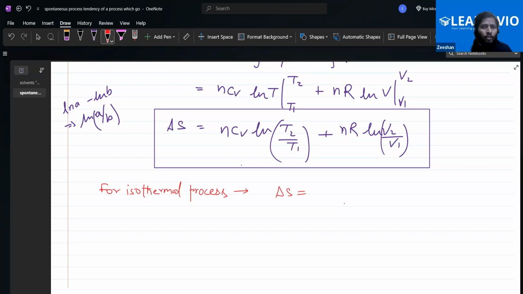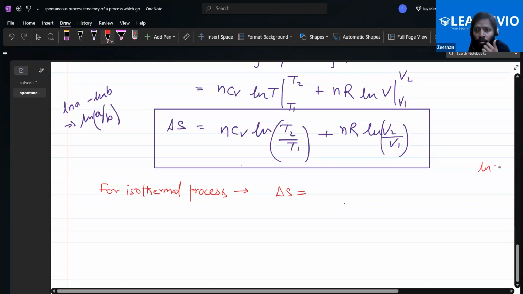So T2 by T1 will cancel out and become 1. ln 1 is equal to 0, or log 1 with any base is 0.